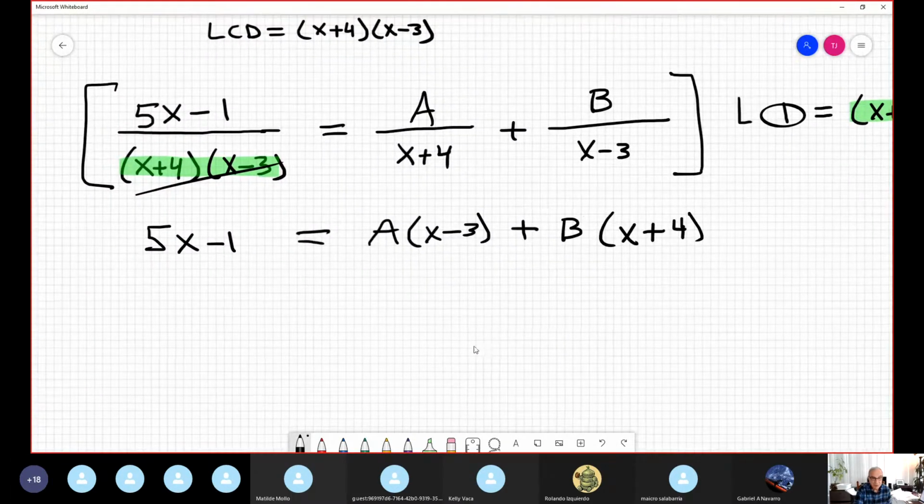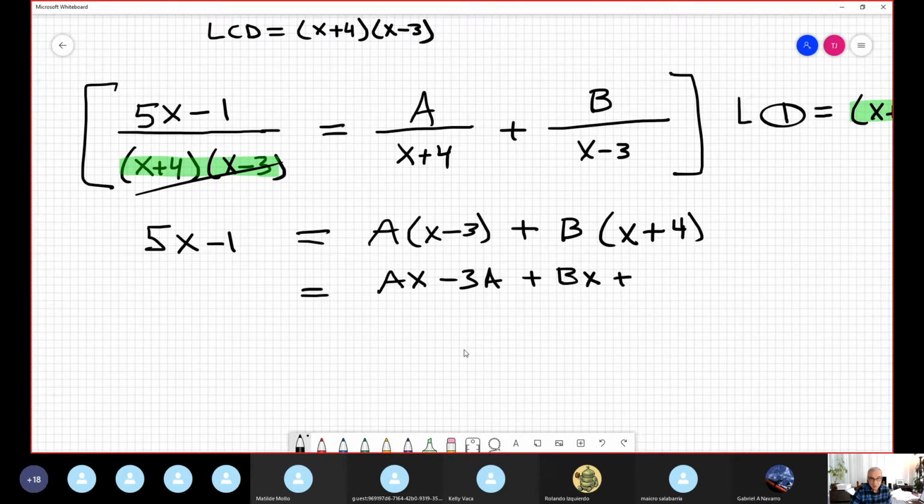The rest, you distribute the property: ax minus 3a plus bx plus 4b is equal to 5x minus 1. And why not? I combine this guy and this guy because they contain x. So now it is x times a plus b.